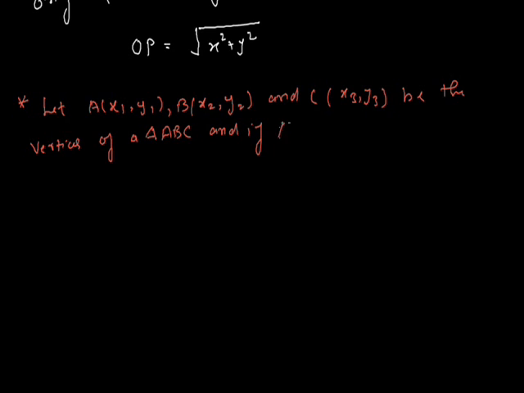If AB not equal to BC not equal to CA, then the triangle is a scalene triangle.